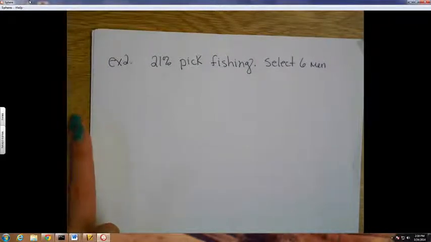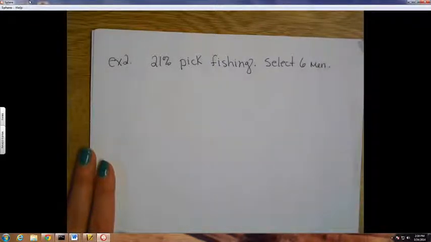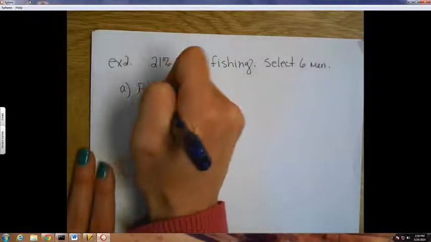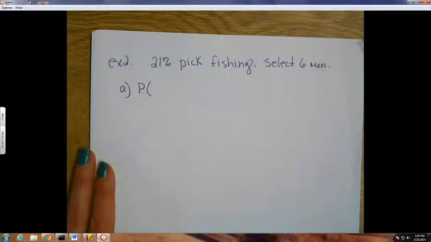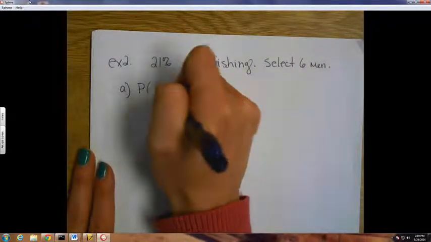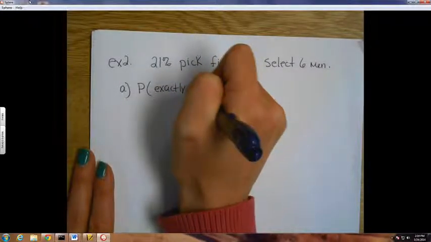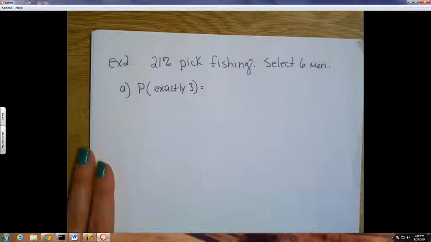If they pick something else, it's a failure. What's the probability of me getting exactly 3 men to say they like fishing out of my 6?